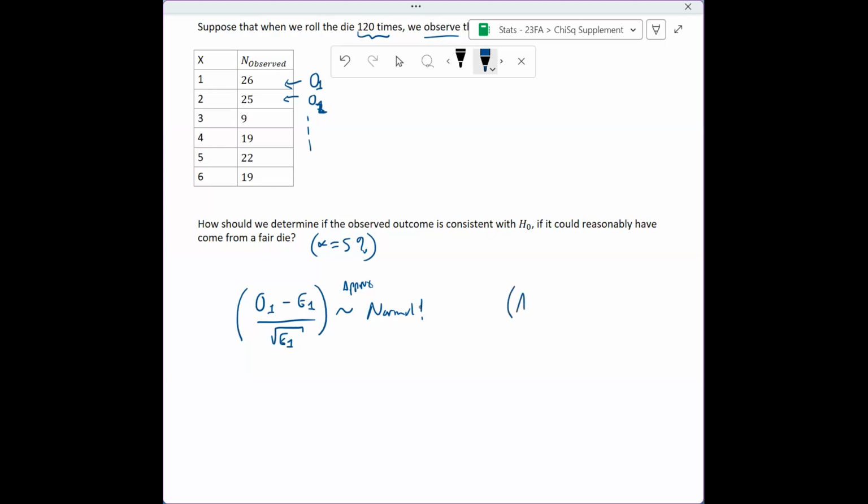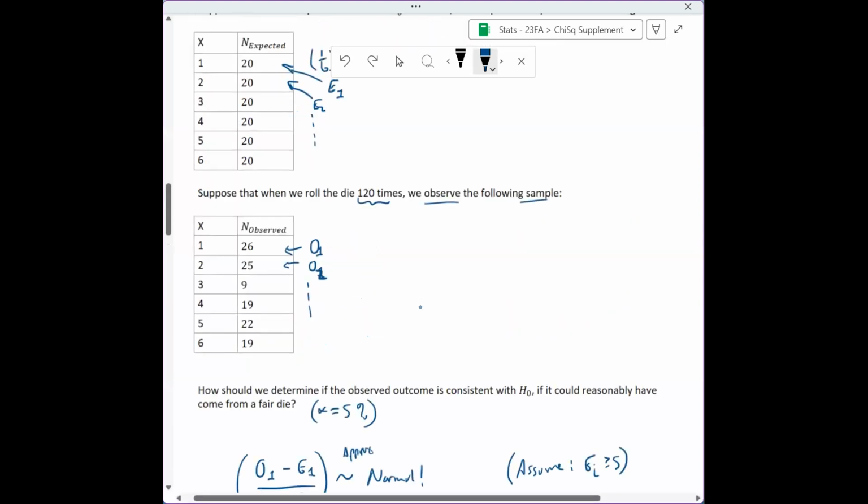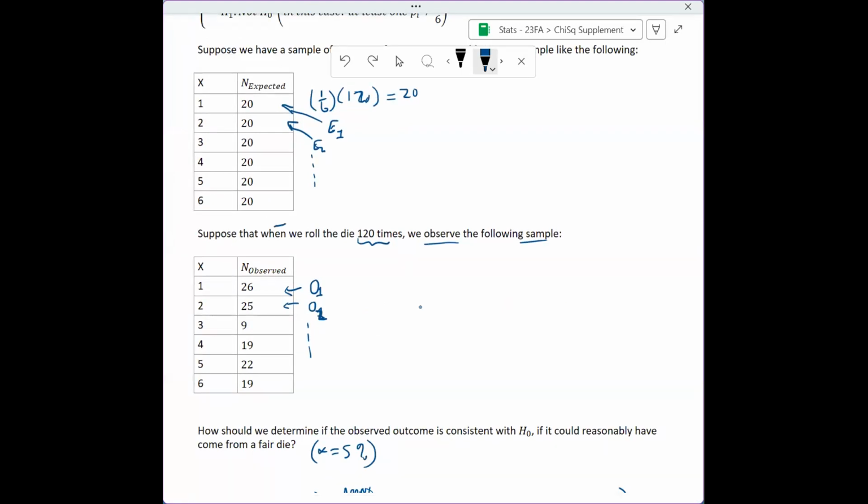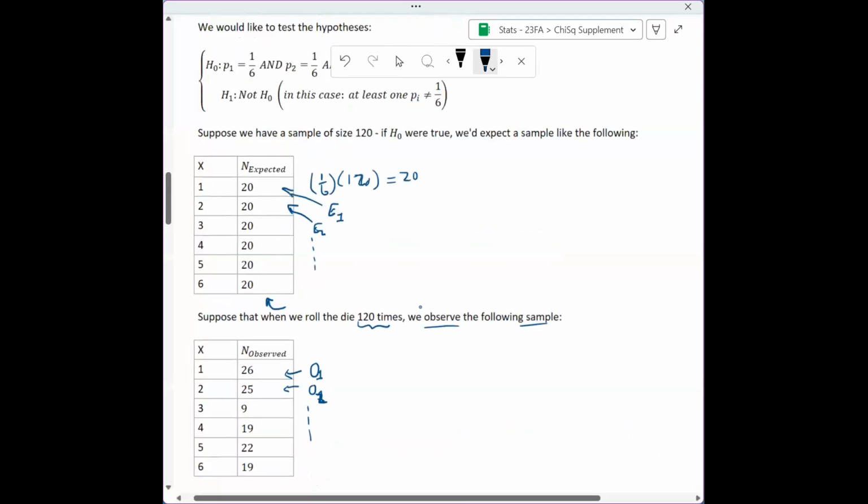One assumption for our test, we're going to assume that the expecteds, that each of their frequencies are at least 5. Since they're each 20, we satisfy that assumption.